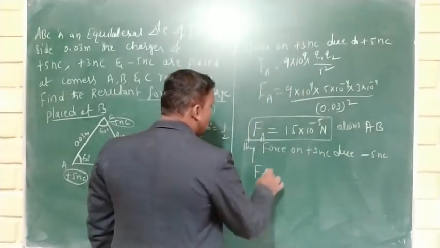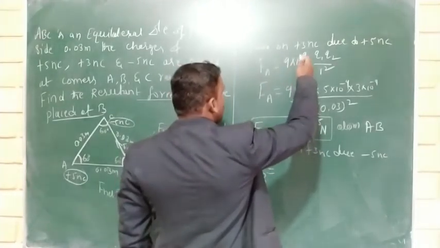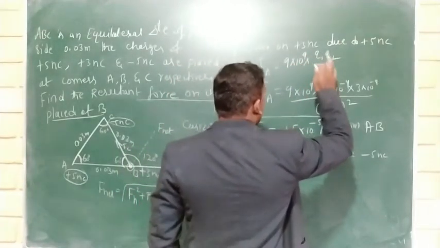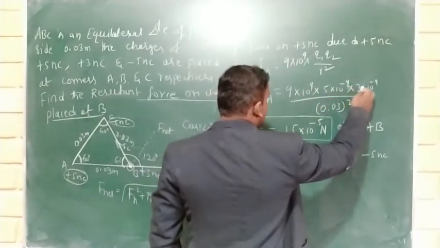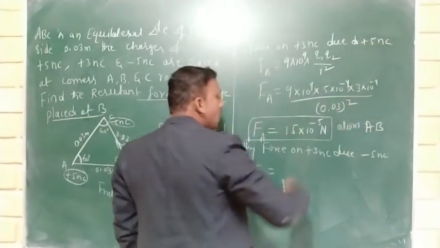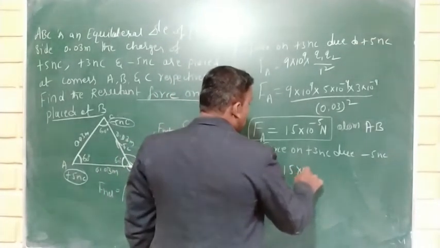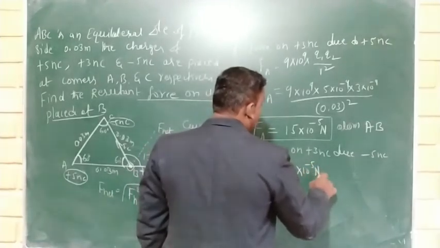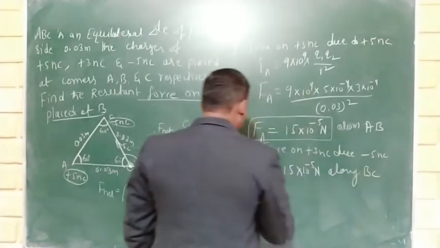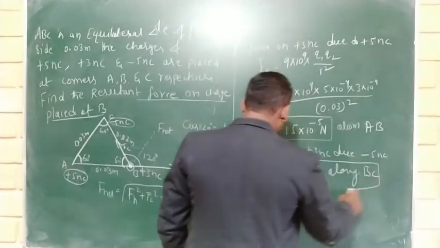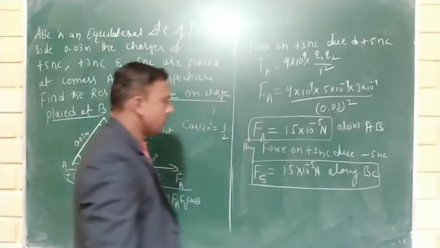Applying the same formula, 9 into 10 to the power of 9 into 5 into 10 to the power of minus 9 into 3 into 10 to the power of minus 9 divided by 0.03 whole square, we get 15 into 10 to the power of minus 5 Newton along BC. This is FA and FC, not FB, FC.